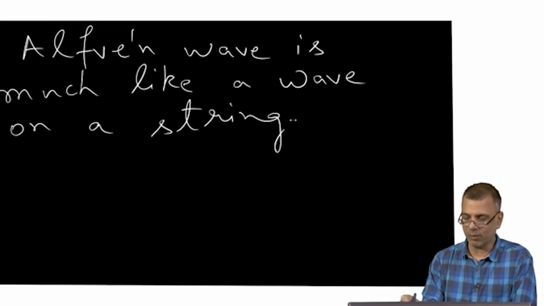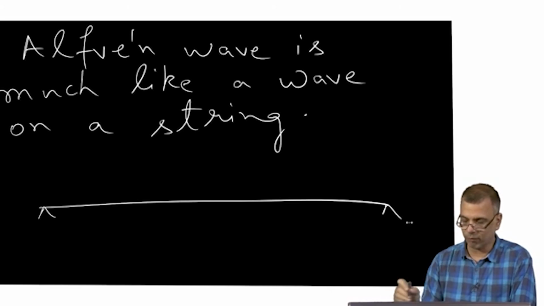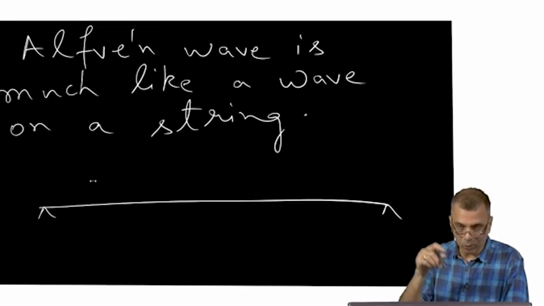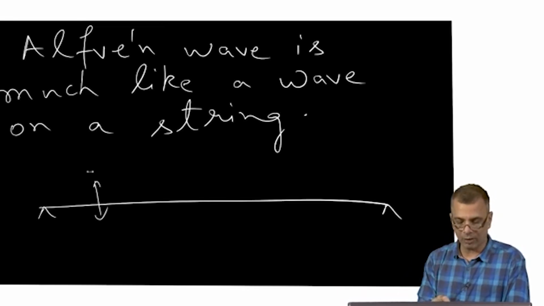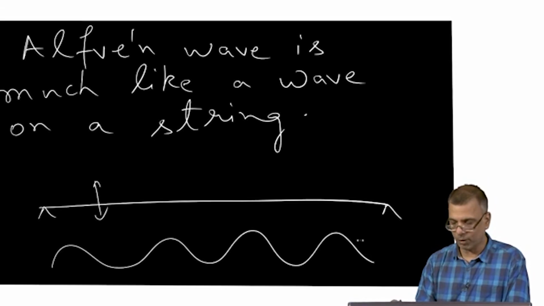Say you have a string fastened at both ends, so it has a certain tension on it, and you twang it. You give that kind of a perturbation to it, and as a result you have waves propagating like this.